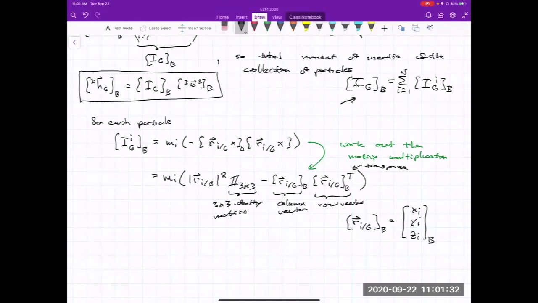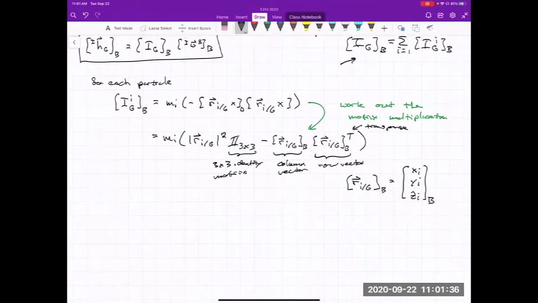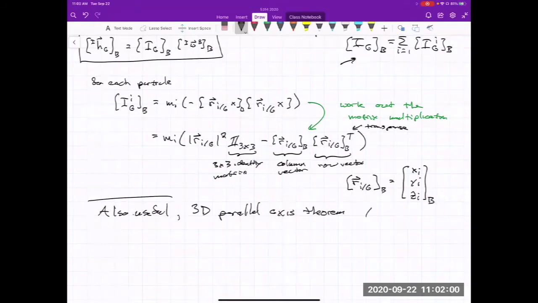So then you could apply this directly to that homework problem 3. Let me give you another useful result before we discuss that example. I'll just give you the result of the 3D parallel axis theorem, and this is on page 498.